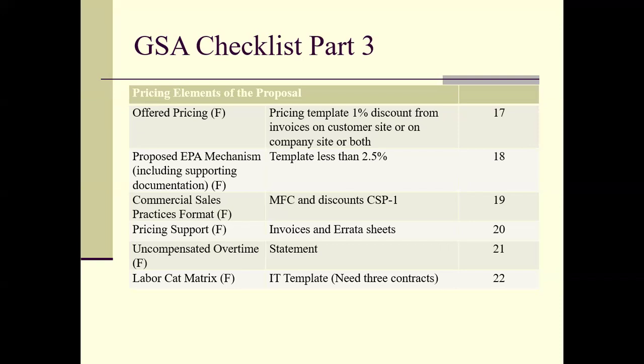You also have to say, what's my EPA mechanism? And that's economic price adjustment. So you can increase your prices year after year for your contract, but you have to select a figure to start with. The highest figure that they're going to let you have normally is 2.5%.